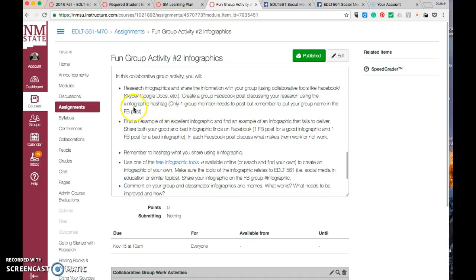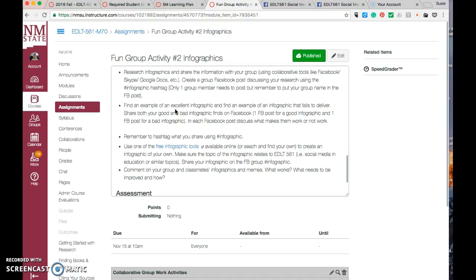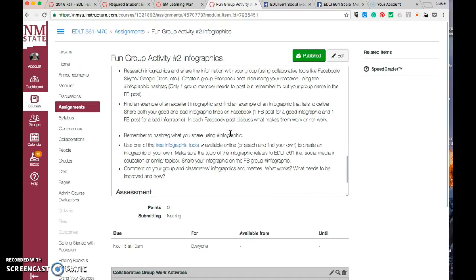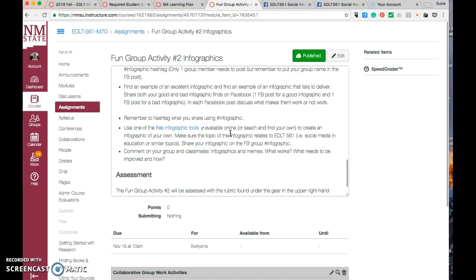And they have hashtagged it with infographic. And for the Social Bugs, it was Sue who did posts for that group. And then the other groups that are doing memes, you have individual posts and responses as well. So just a little bit different.